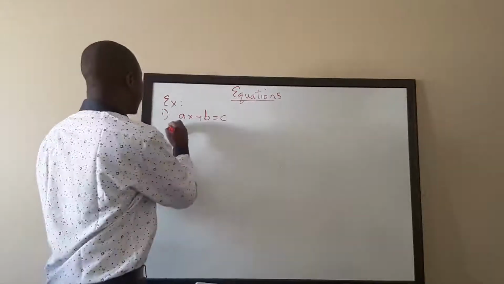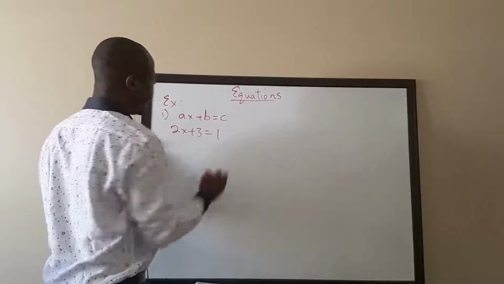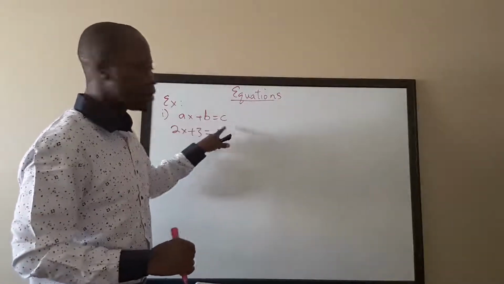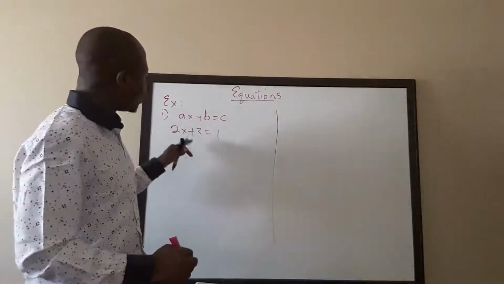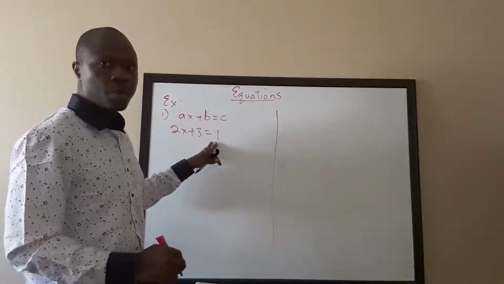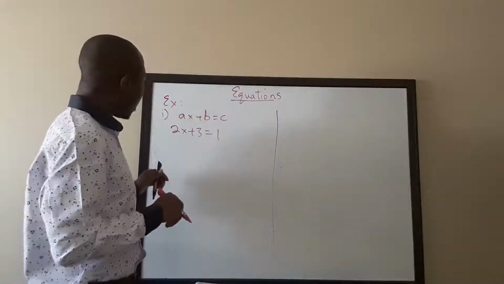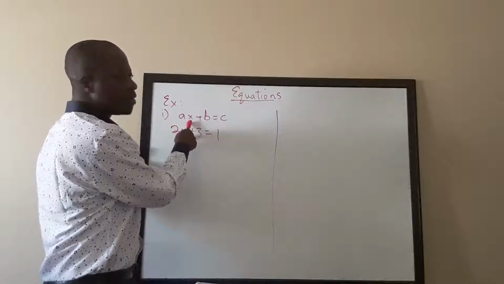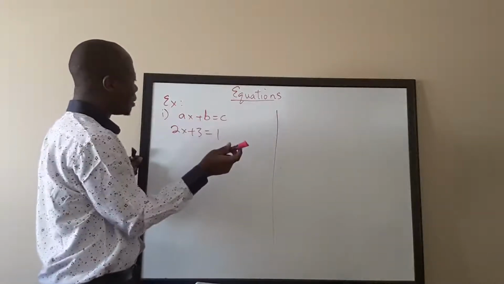So the example is 2x plus 3 equals 1. The form is ax plus b equals c. So we're starting with this. In this case, x is the variable or the unknown. A, b, and c are regular numbers.